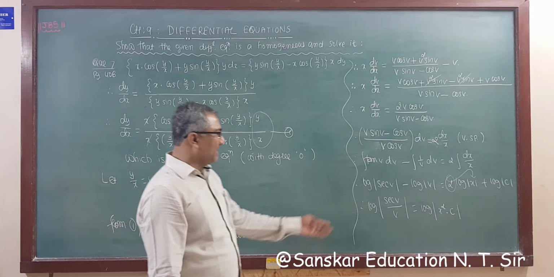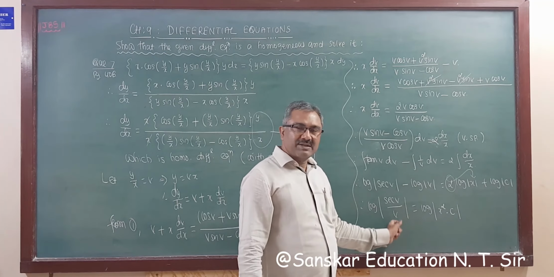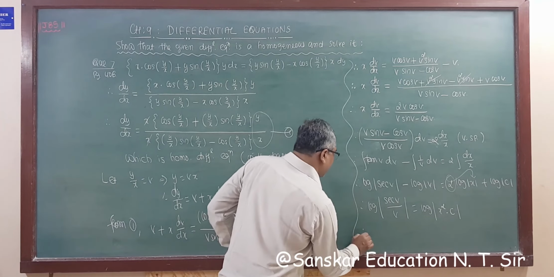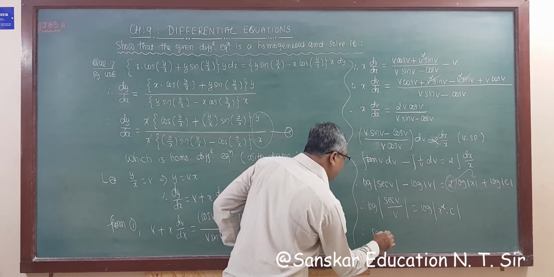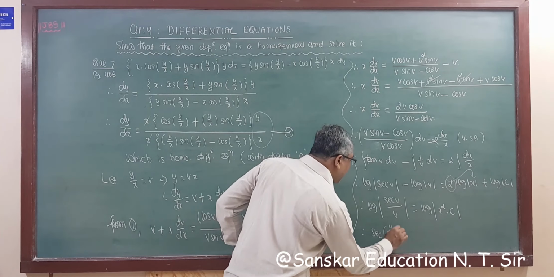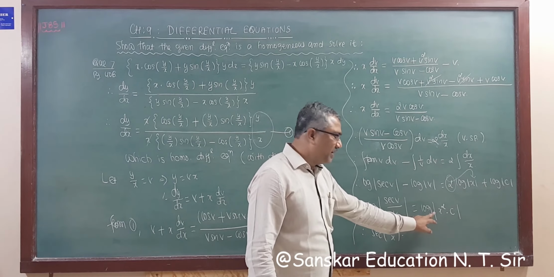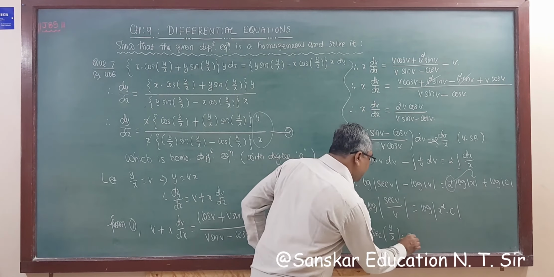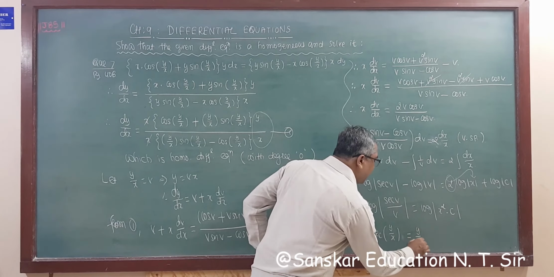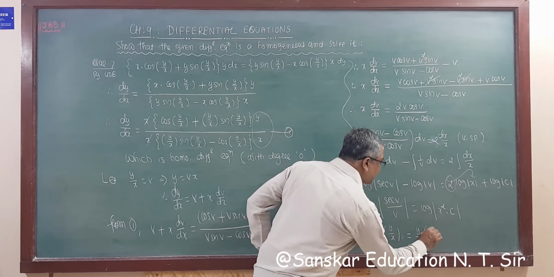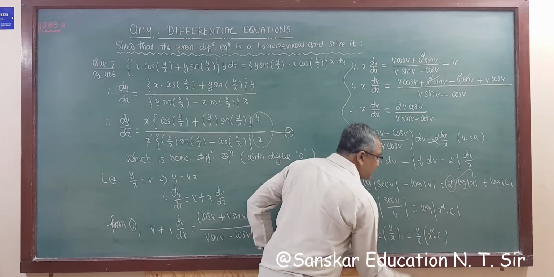Got it? Now log is a one-one function, so doing and substituting the value of v, we get sec v is y by x, right? Upon v. So I'm taking v here, then this becomes y by x, and this is x square into c.